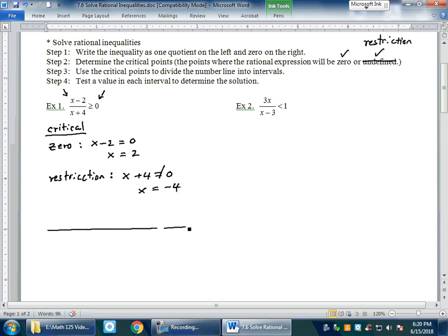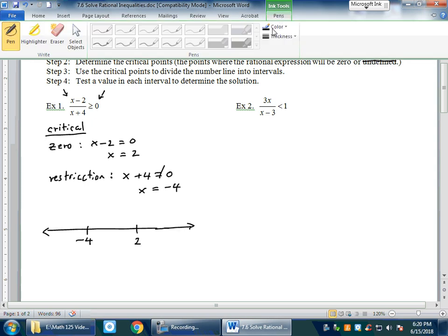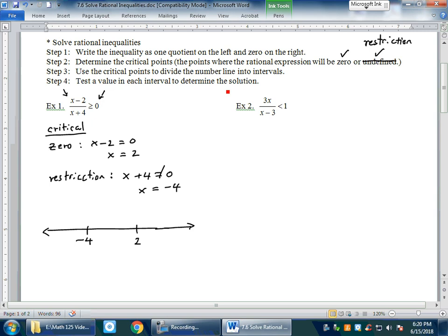Now we use these critical points to create the intervals on the real number line. So I have -4 and 2. Once again, -4 is a restriction, so it will never be part of our solution. We put an open circle.